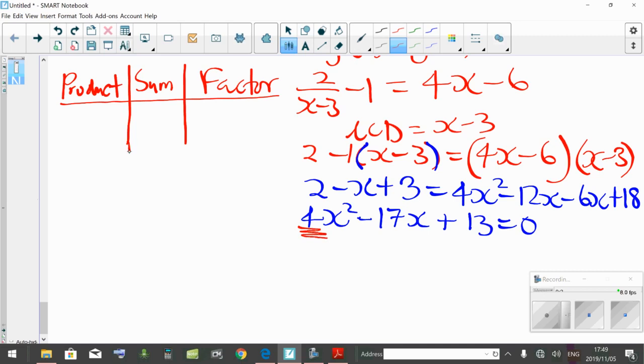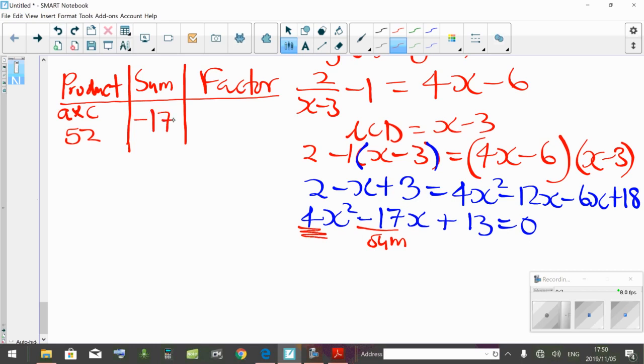So the product here is the A term times the C term. This gives me 52, saying 4 times 13. The sum is the middle term. This is the sum, negative 17.